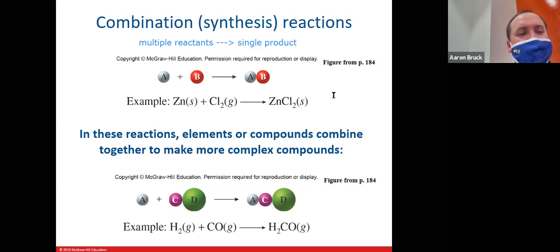Now, the composition of those multiple reactants can vary. They can be elements.